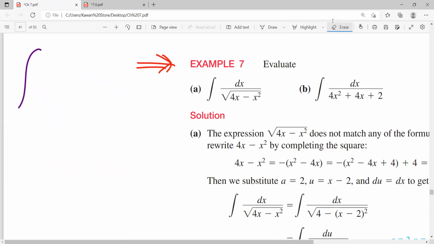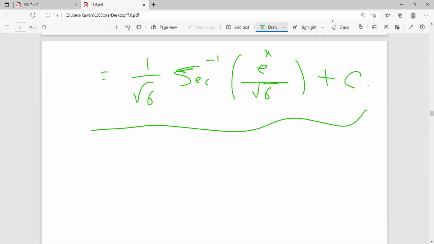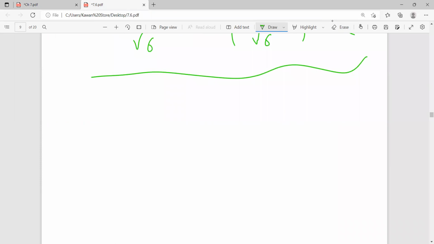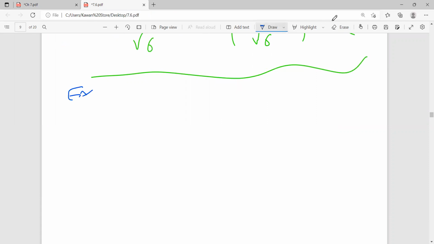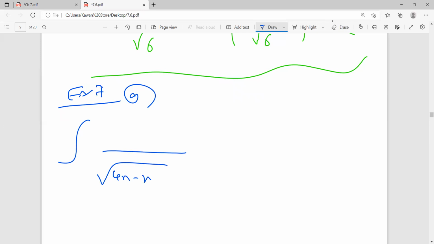So here we are. Let me give you the things. The example was example 7, part A: the integral of square root of 4x minus x squared dx.